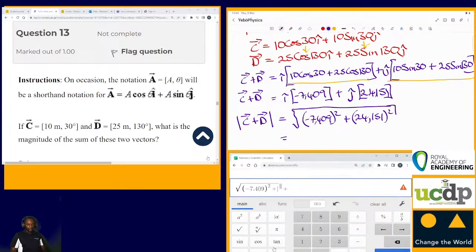Plus 24.151 squared. We can remove this. So we get 25.26.